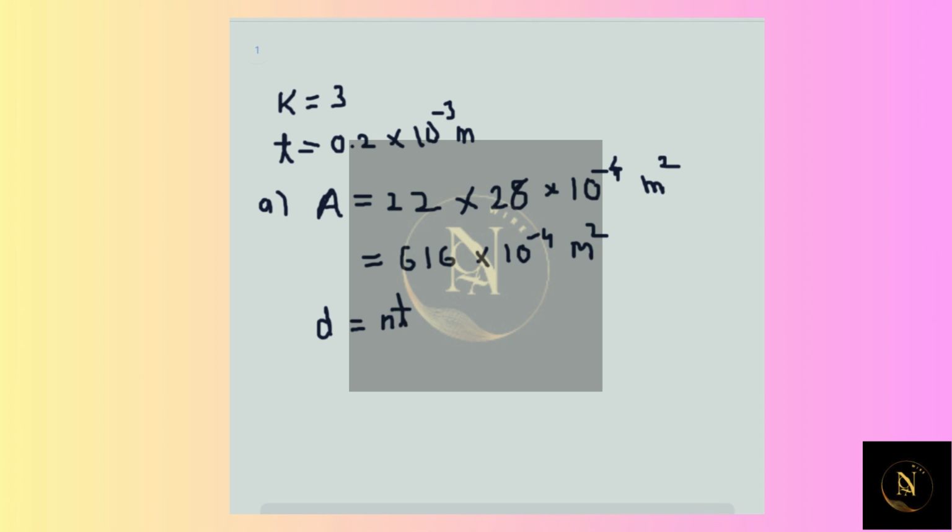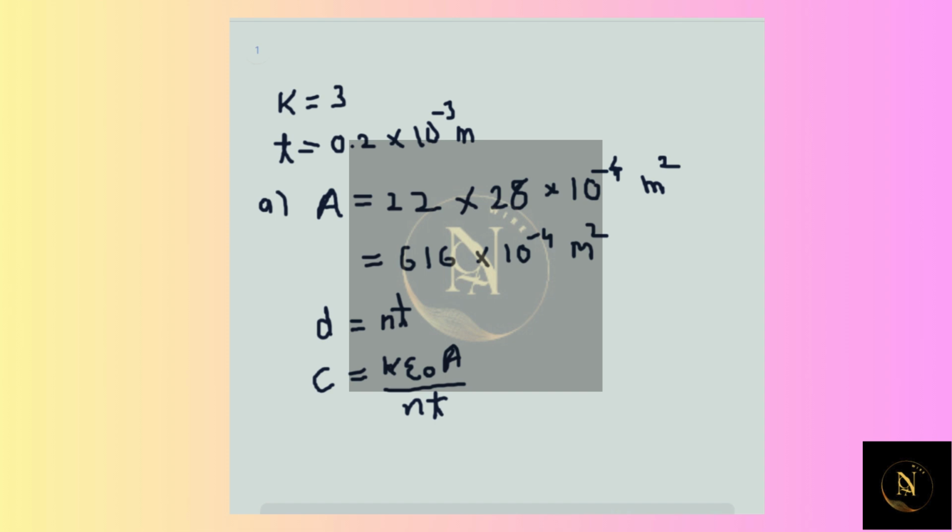For a parallel plate capacitor, we already know the capacitance C is given by K times epsilon naught A over D, where K is the dielectric constant and D is N times t, where N is the number of paper sheets and t is the thickness of each sheet.